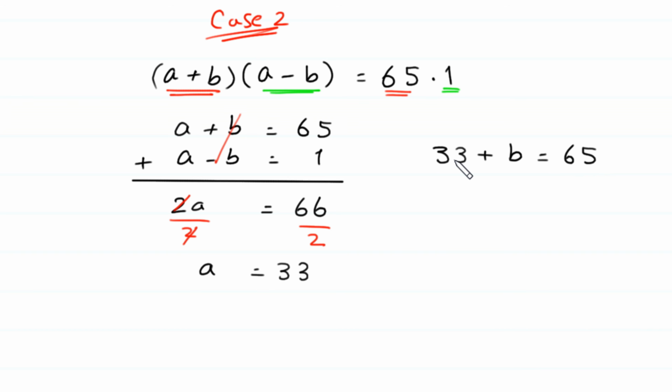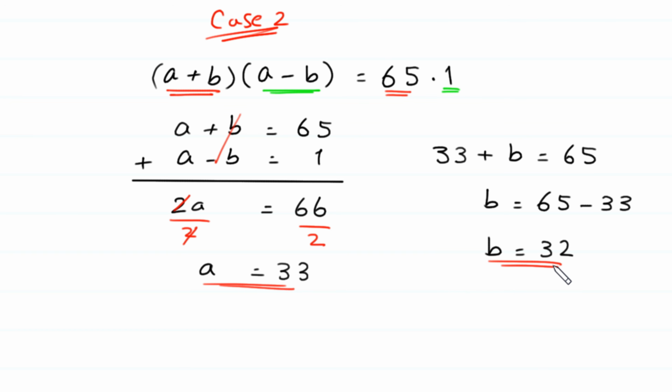We move this 33 to the right side. b is equal to 65 minus 33, and b is equal to 32. So in this case the value of a is 33 and the value of b is 32.